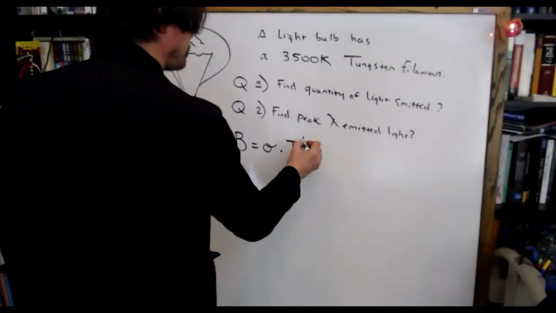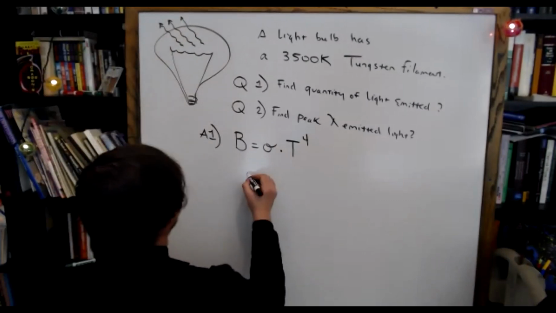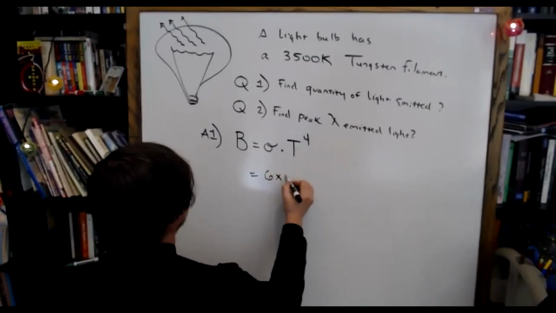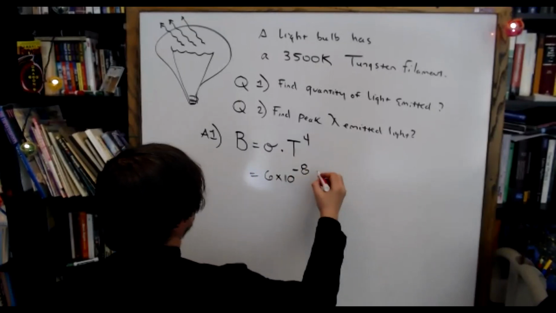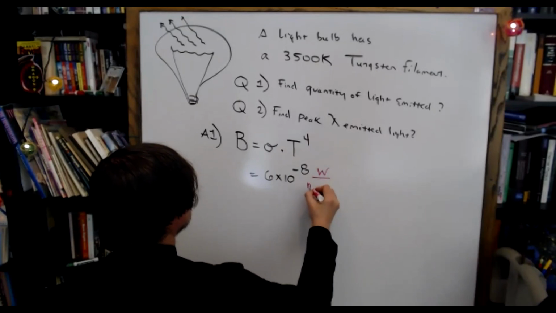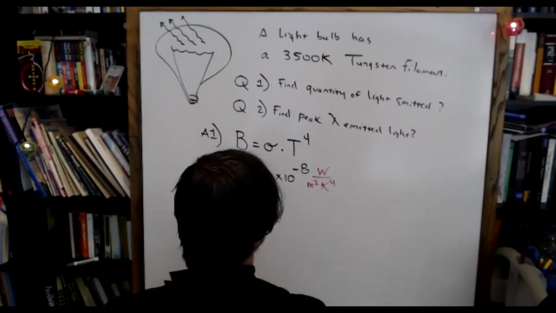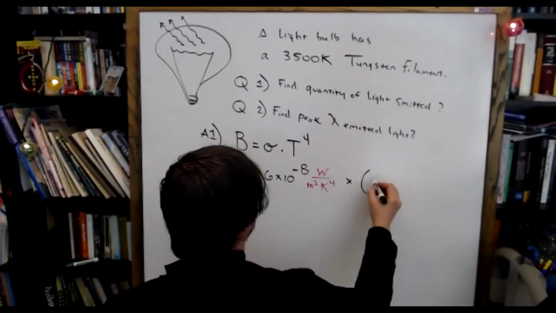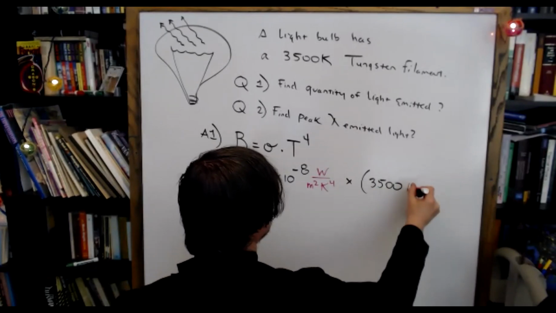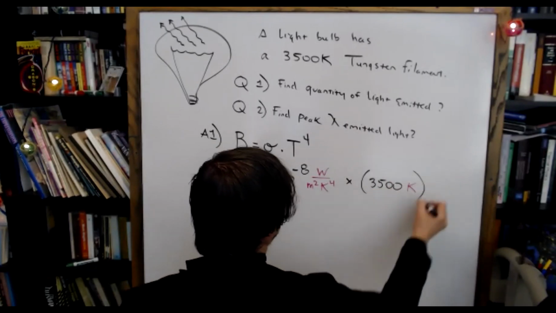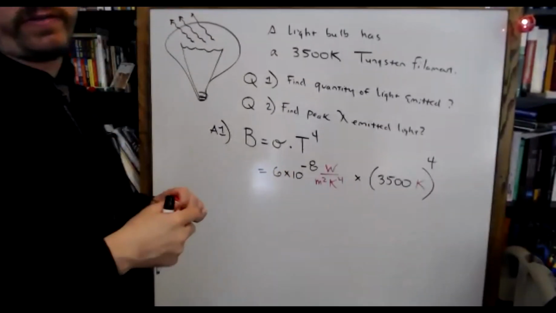To the 4th power. All right. So let's put in our Stefan-Boltzmann constant: 6 times 10 to the minus 8, and that's watts per meter squared per Kelvin to the 4th. And that's going to be times 3,500 Kelvin raised to the 4th power. I'm probably going to have to show you how to do that.